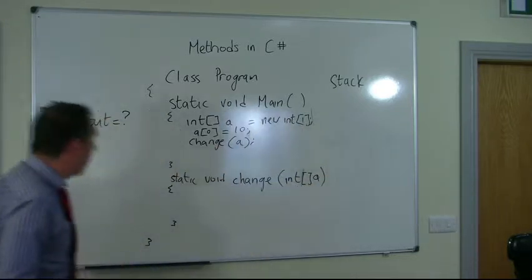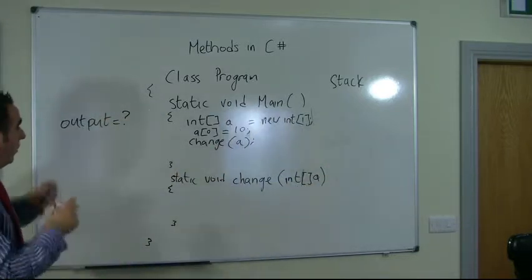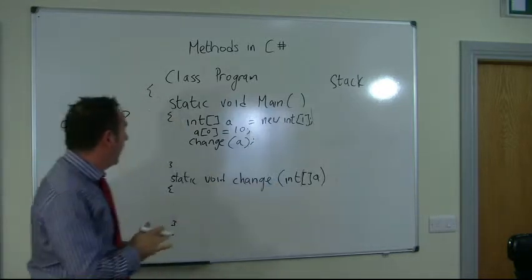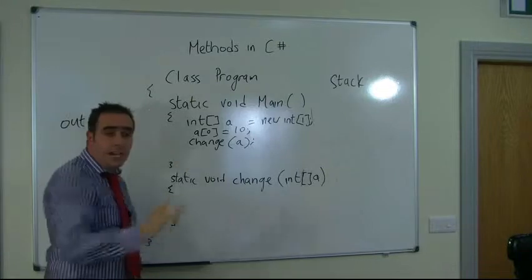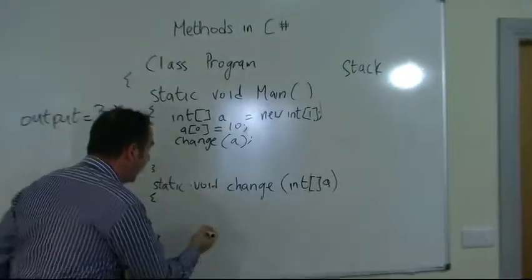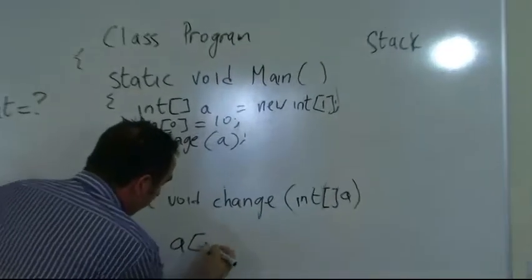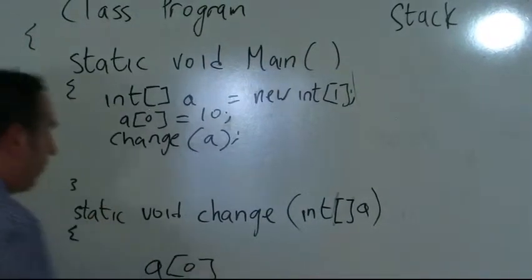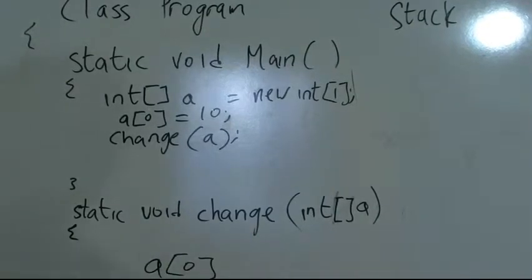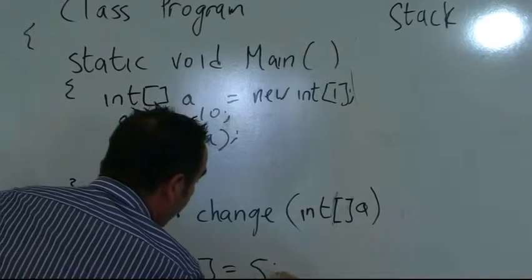Okay. Now, what we want to do is we want to update this value of our array. It's the exact same as the last time, except we're updating not an integer, but an integer array block. So we reference that again. We want to reference the first block in our array. So the index is going to be 0, and we're going to set that to 5.